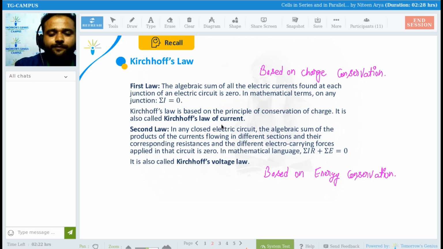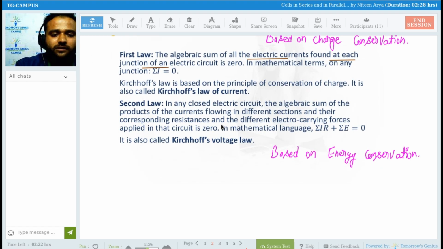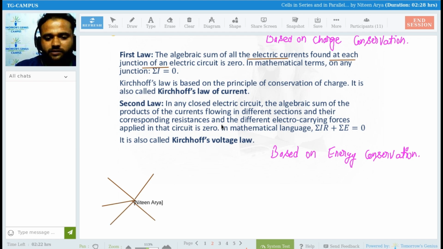The algebraic sum of all the currents at each junction. What is a junction, as in the previous lecture? This is 1, 2, 3, 4, 5, 6, 7, 8. So this particular point P is a junction.